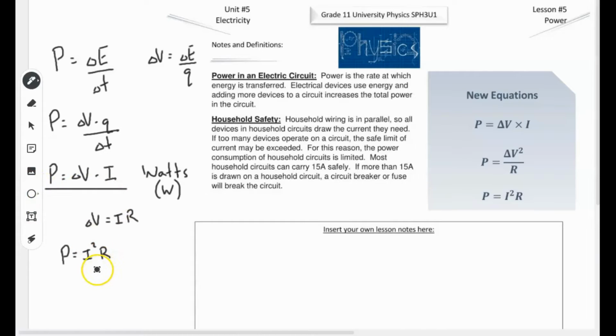All right, so we have one way, two way, but I didn't have to substitute voltage into this equation. I could have rearranged Ohm's law and written it as current equals voltage divided by resistance. And then I could have substituted that into our power equation. And if I do that, you get power equals potential difference squared over resistance. So there's a third way to calculate power. And I have all three equations over here under our new equations tab.